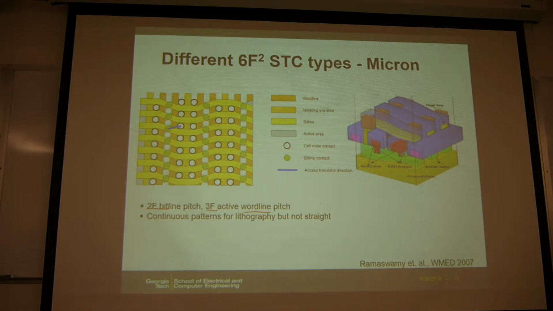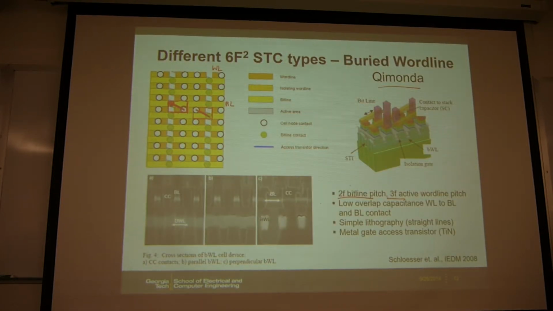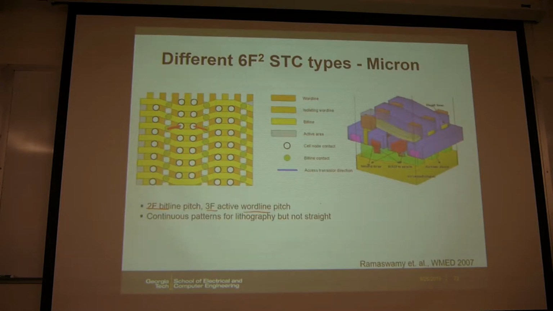For example, this is one active transistor, and here is another active transistor. So they have different orientation. Previously, if you look here, all of them have the same orientation, the channel direction. But this one has this kind of twisted angle.